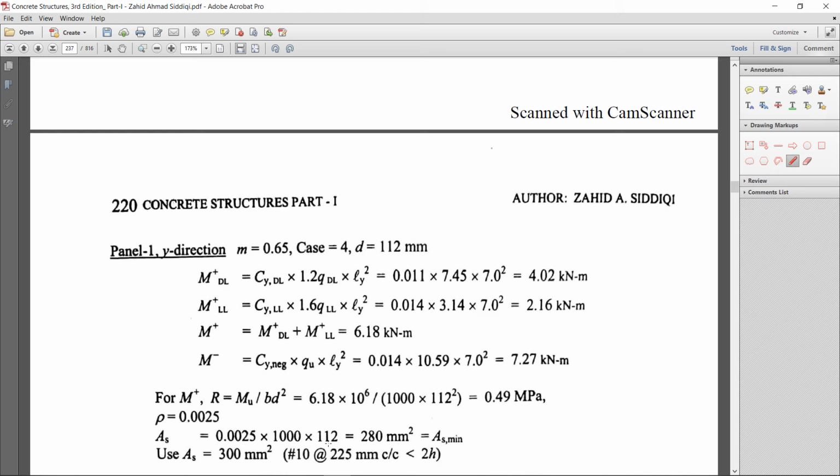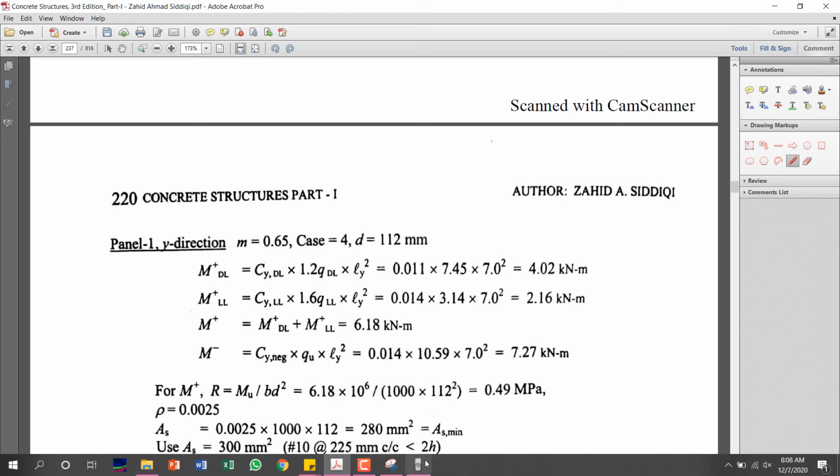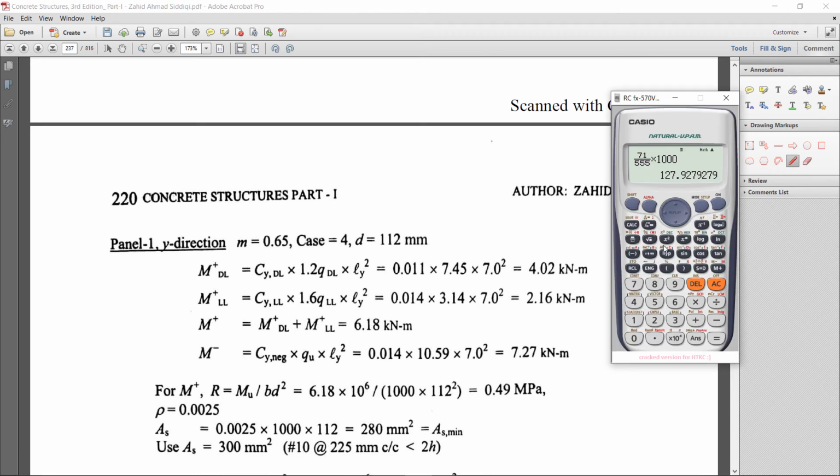For the positive moment, the moment value is 6.18, and the D value will also change, that is 112 millimeter.